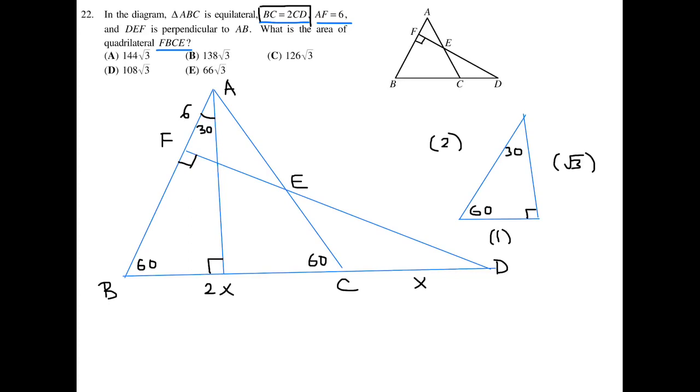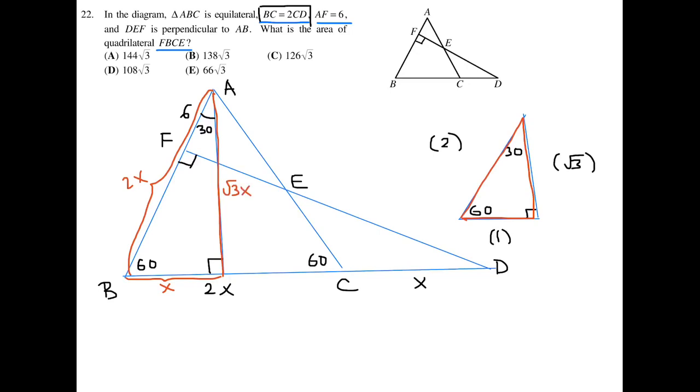So in this triangle right here, it's essentially a 30, 60, 90 triangle. So if we have this side as x, then this side is going to be 2x, just from this relationship right here. And therefore, this is going to be root 3x.